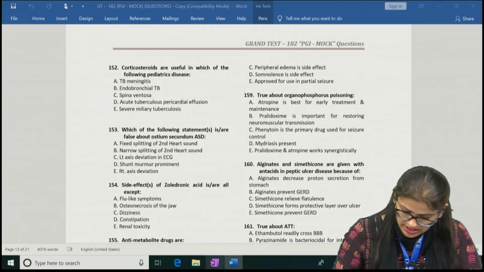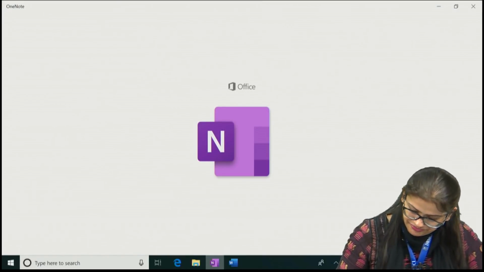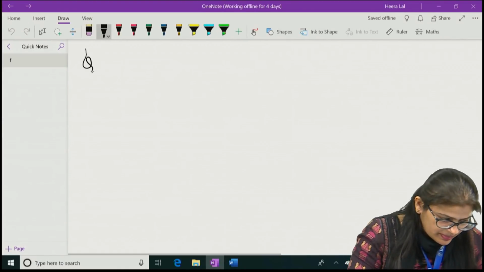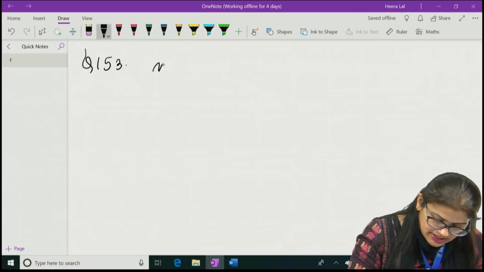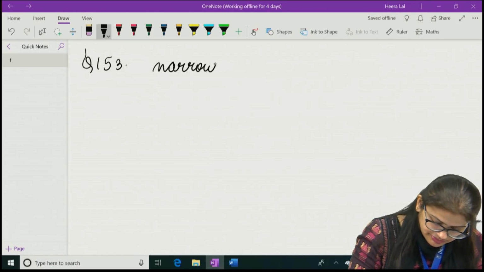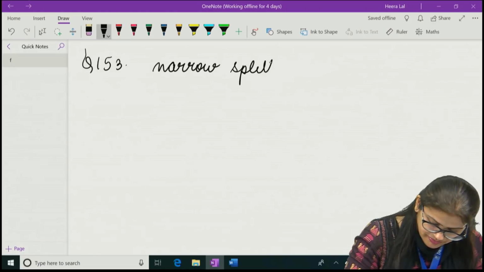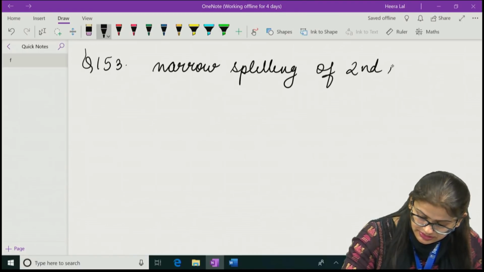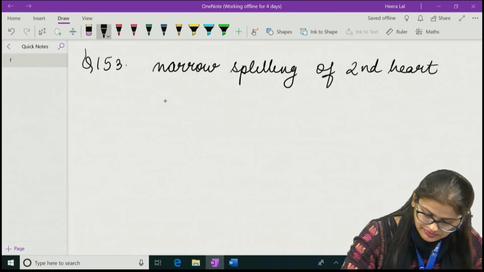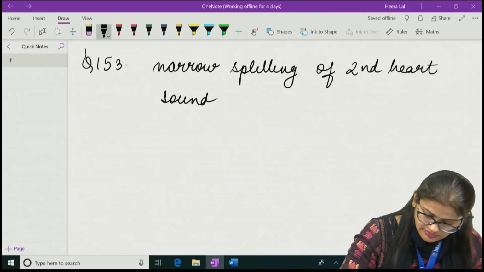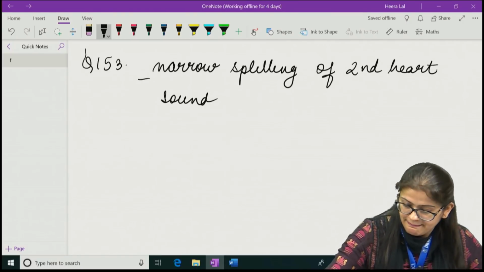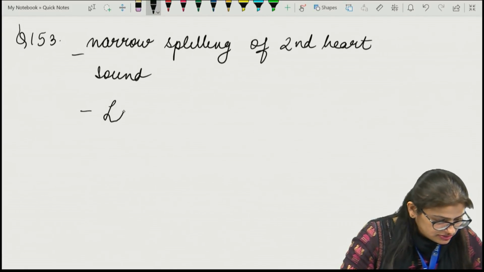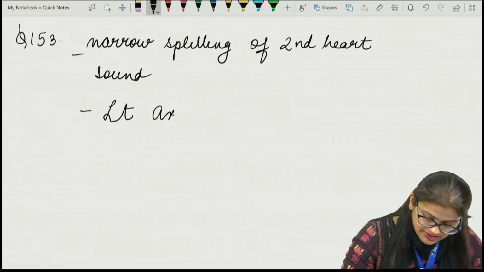So the correct answer to this question is narrow splitting of second heart sound, left axis deviation, and shunt murmur prominent.